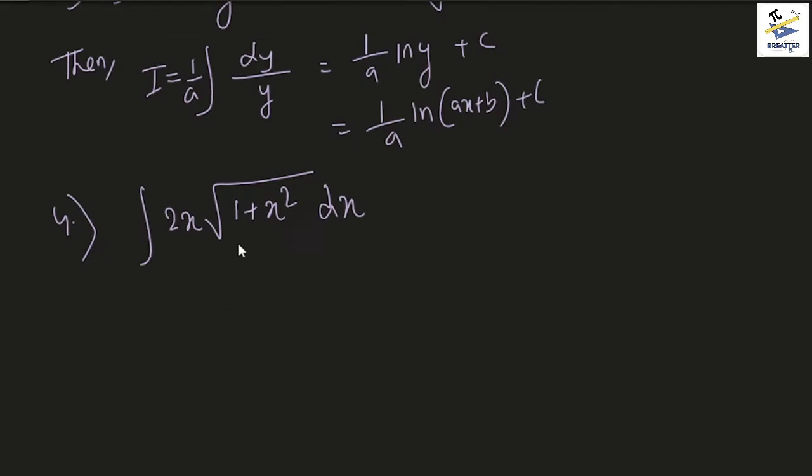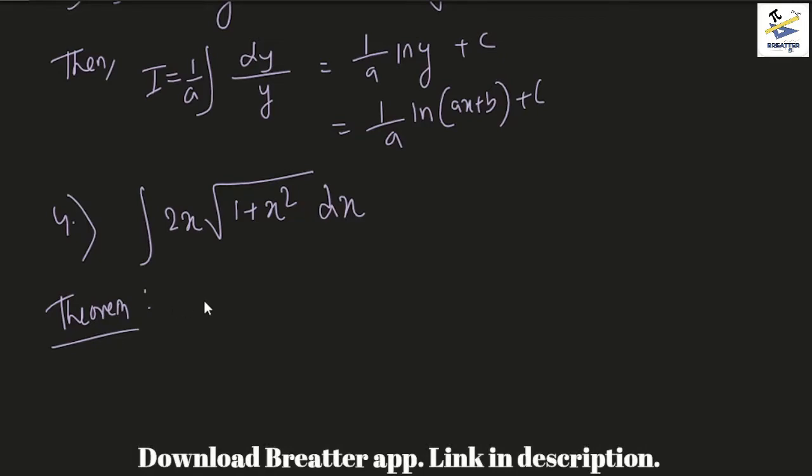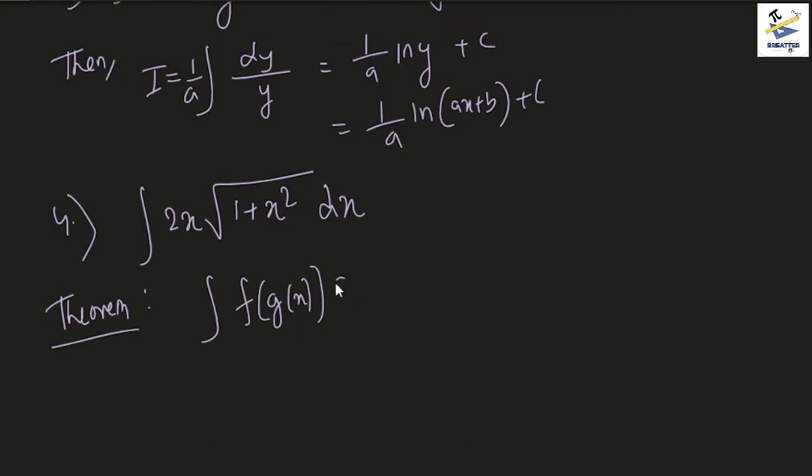This type of integral is not something where you just magically find the substitution, but rather you literally look for something. That something is determined by the following theorem. The theorem says that if you have f of g(x) into g prime of x dx, this is the form of the integral, which as you can see is the chain rule.